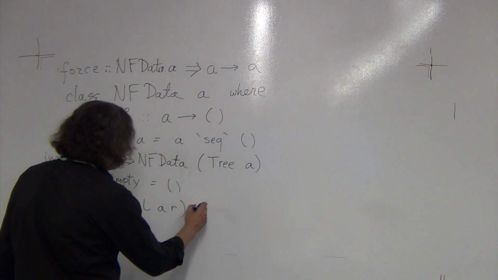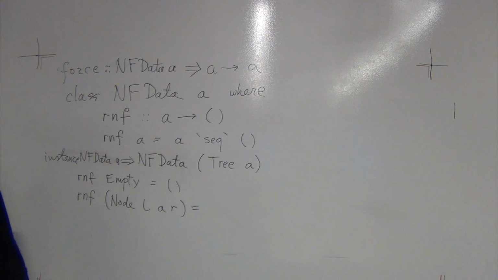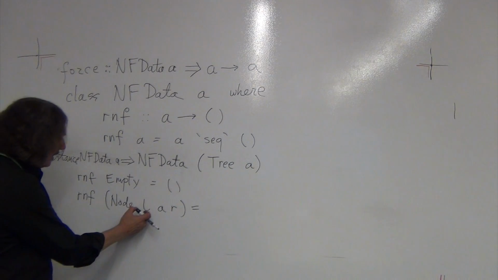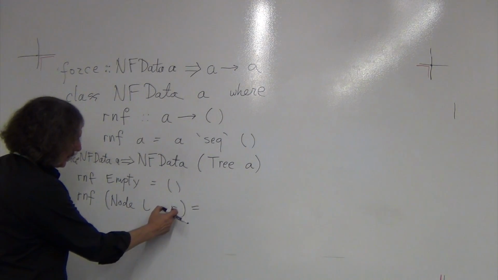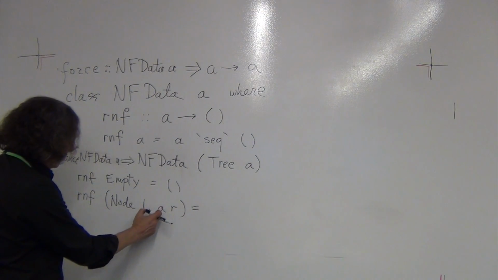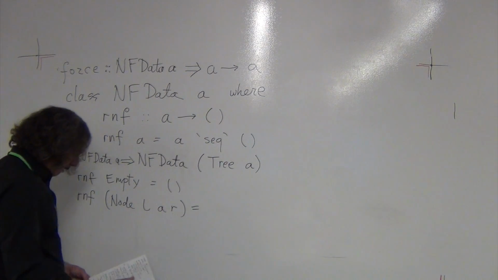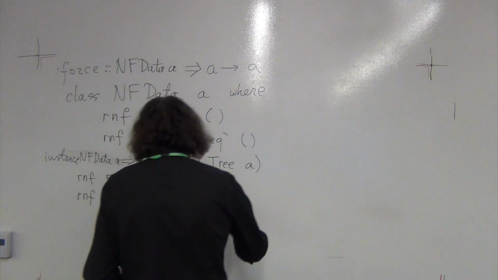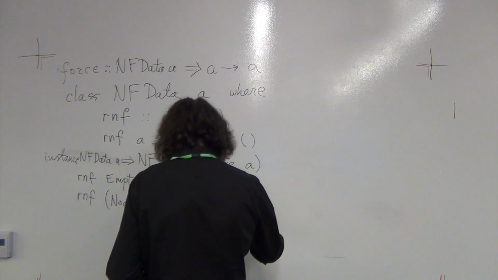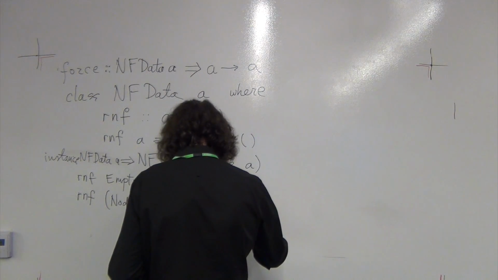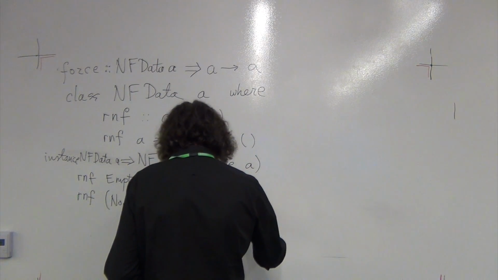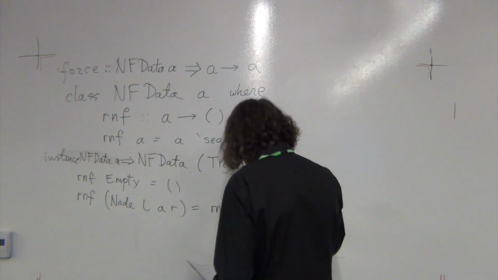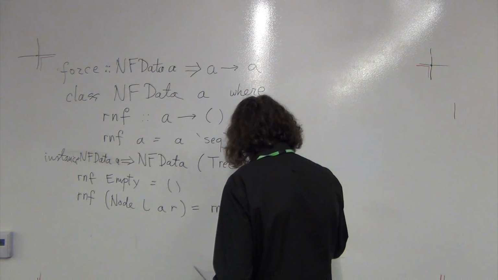Okay, how can we define this? Well, obviously recursively. So we'll apply RNF to left, we'll apply RNF to right, and we'll just evaluate A. So RNF acting on left, then we sequence it.